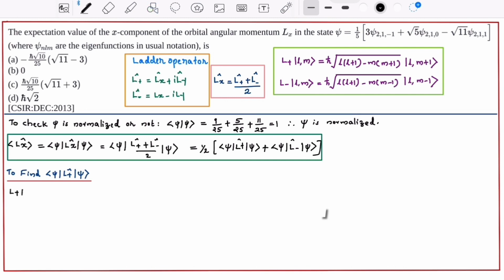L plus psi can be written as 3 by 5 L plus psi 21 minus 1, plus root 5 by 5 L plus psi 210, minus root 11 by 5 L plus psi 211.